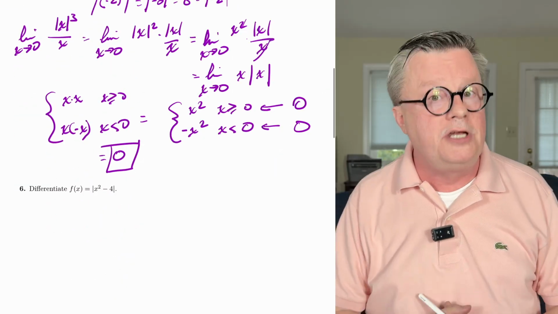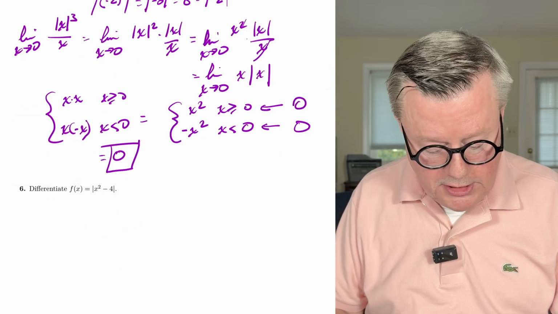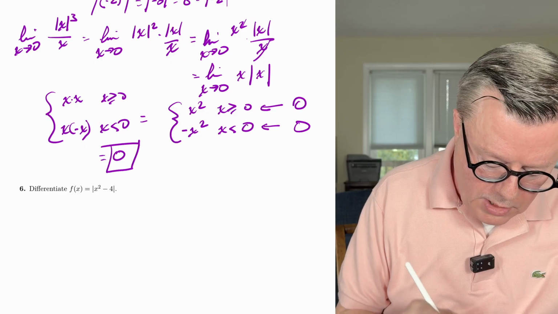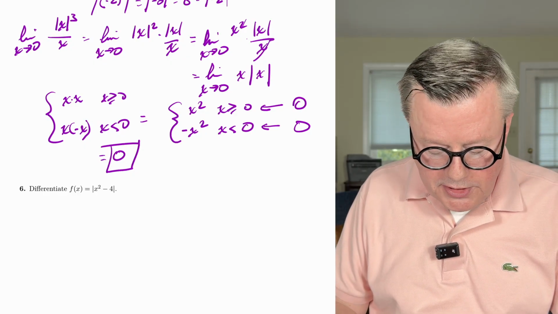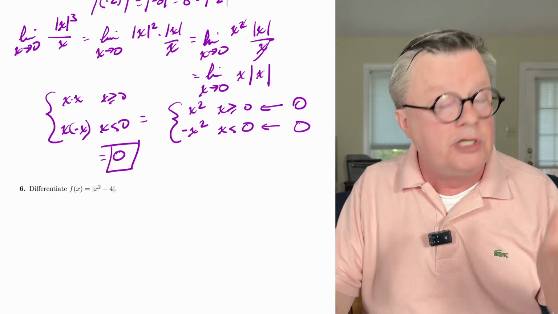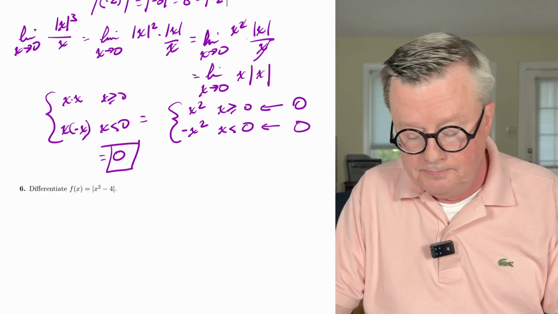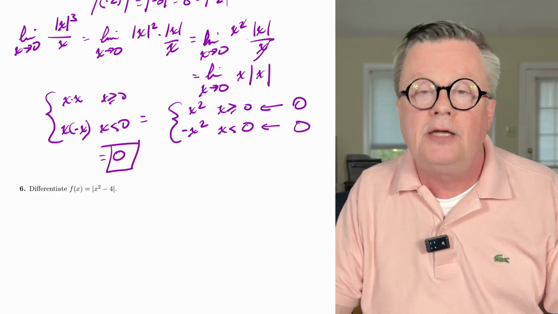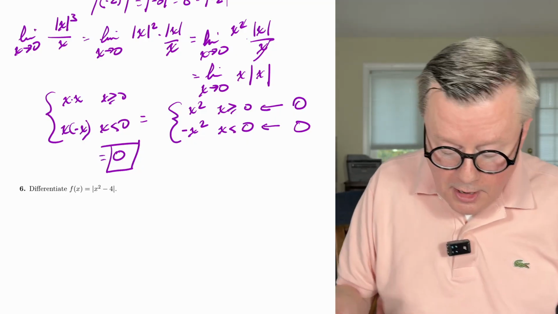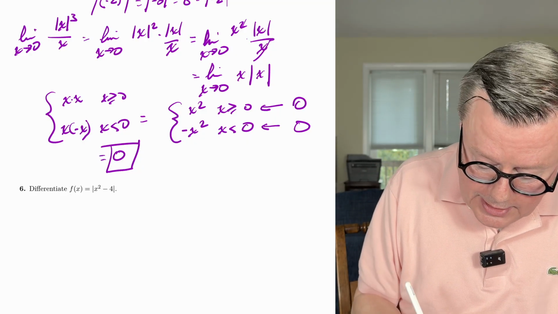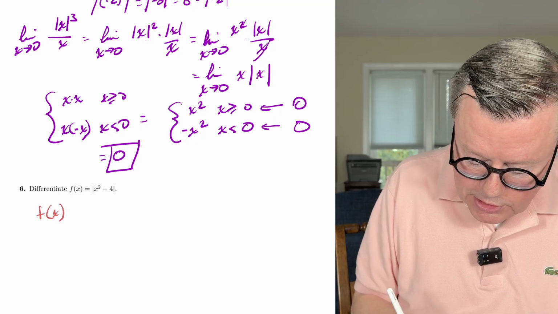Great. That's enough limits. Let's move on to differentiation. My problem here wants me to differentiate f of x equals something with absolute values in it. Well, I'm going to use my secret again, the absolute value of something. I'm going to rewrite this function as a piecewise function.